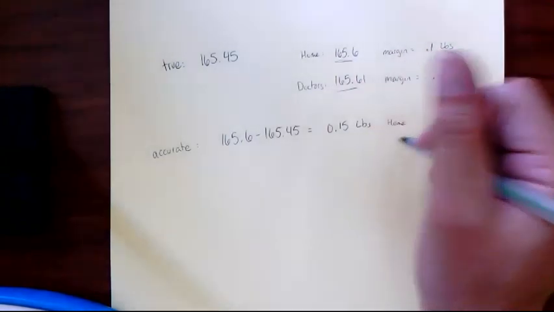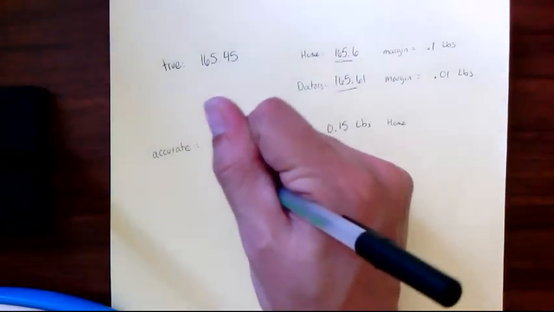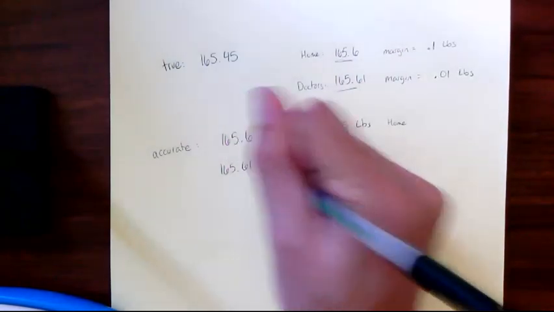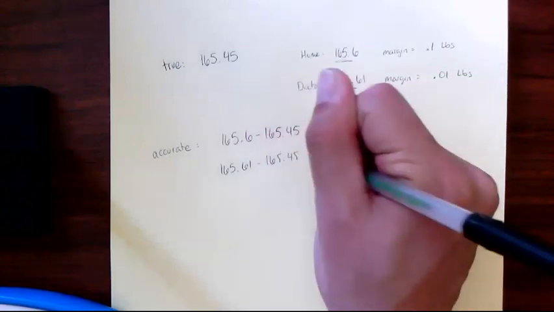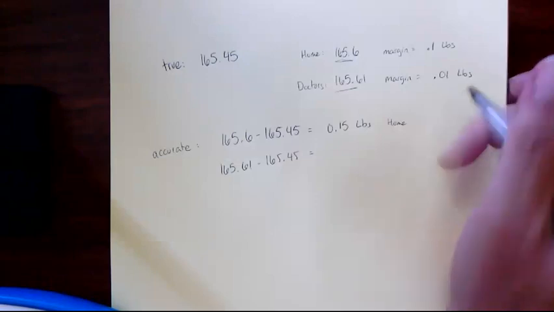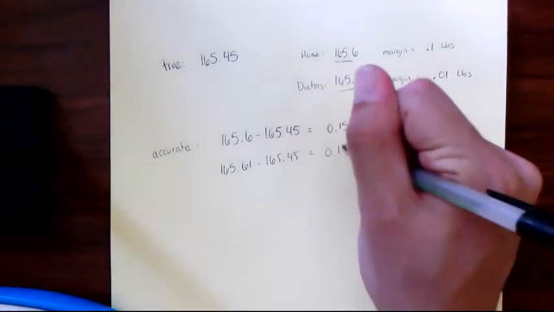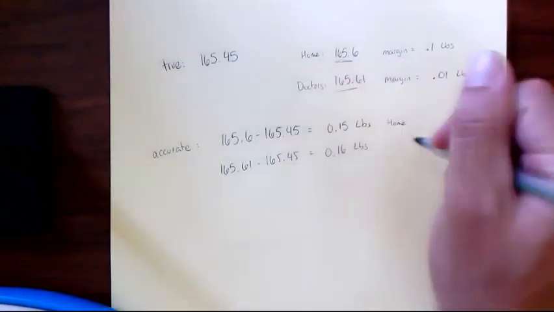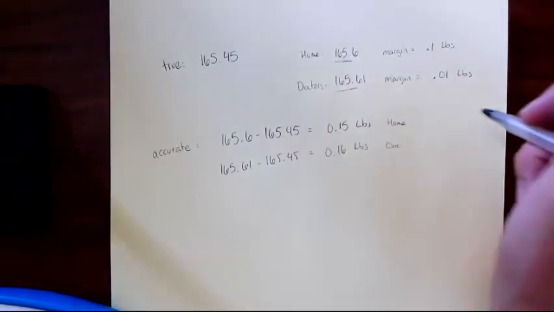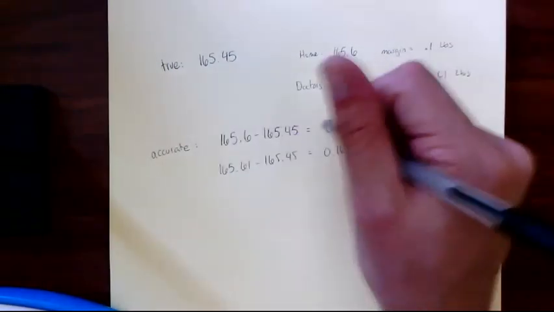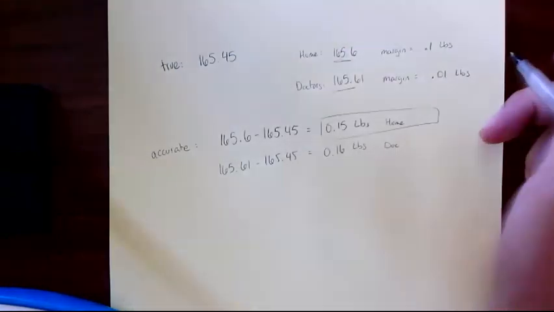For the doctor, we take 165.61 and from that we subtract 165.45. And here we get 0.16. And so the smaller of these margins of error is the home one. This is the one that is more accurate.